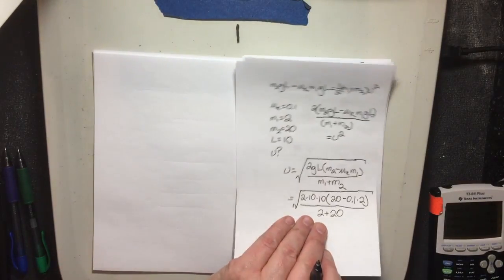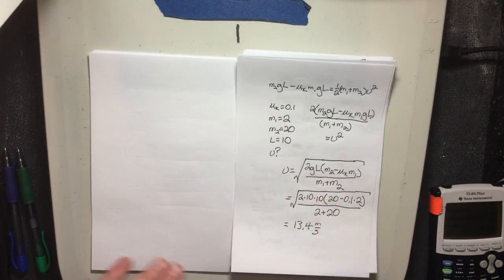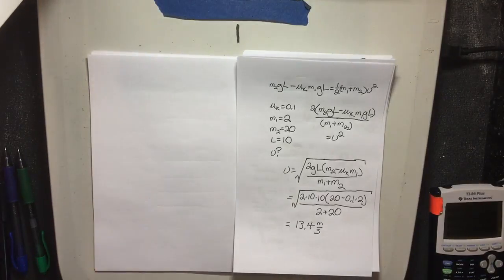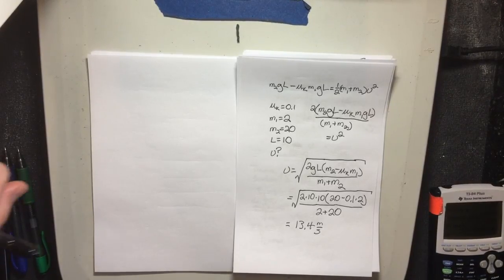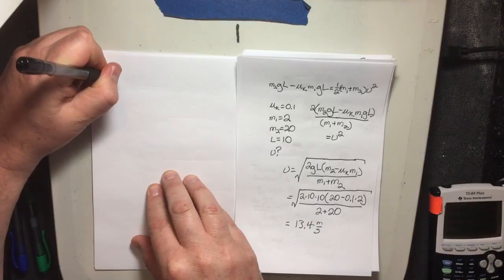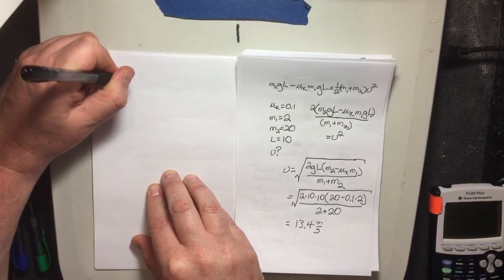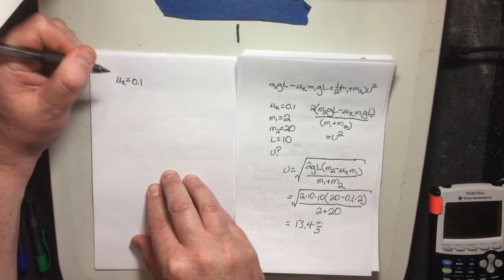Now, one of the things that I do in 213 is I basically know that you guys are plug and chuggers. So on several occasions, in different ways, I've done this. Let's say mu sub k is 0.1.